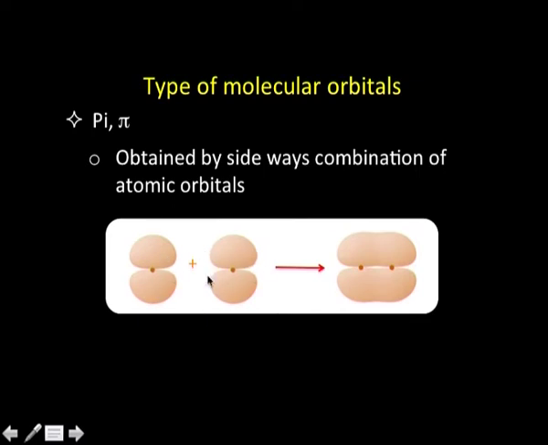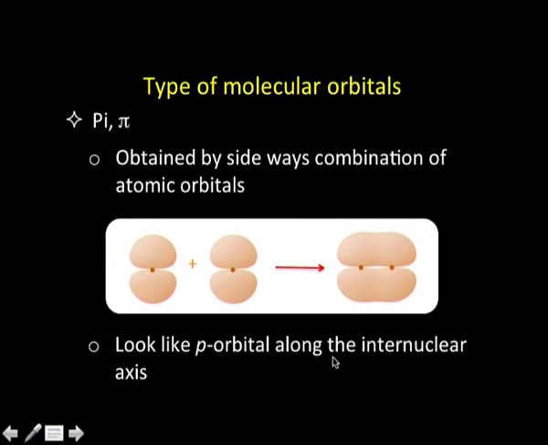Their orientations are in a direction perpendicular to the internuclear axis, so these orbitals overlap laterally, and this is the kind of molecular orbital we generate. Such molecular orbitals are called pi molecular orbitals. They look like p orbitals along the internuclear axis. If I see from this side, they will look something like a p orbital.